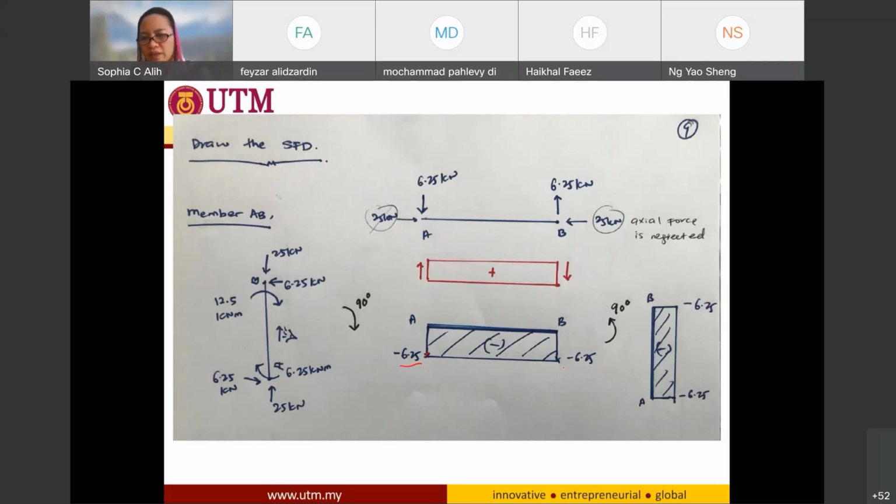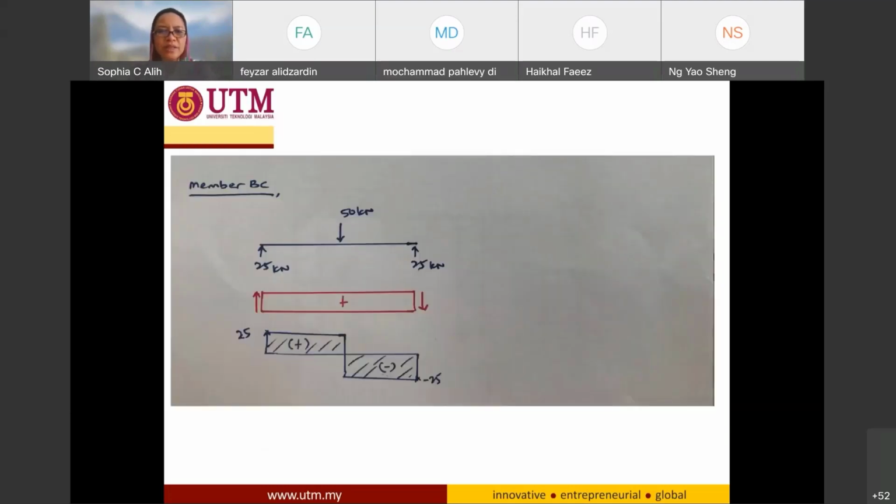After I draw it, I can rotate it back to its original position in the vertical direction. So I will have something like this: A, B, towards this side, negative 6.25, negative 6.25, and the area is negative shear force area. This is member AB.